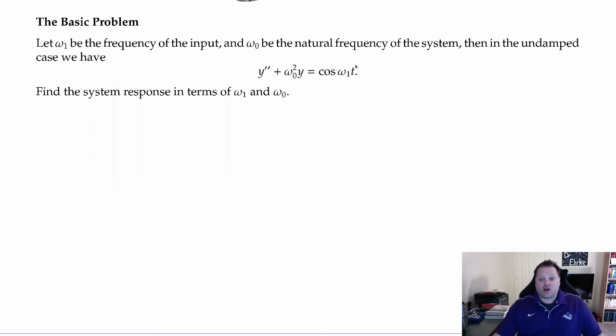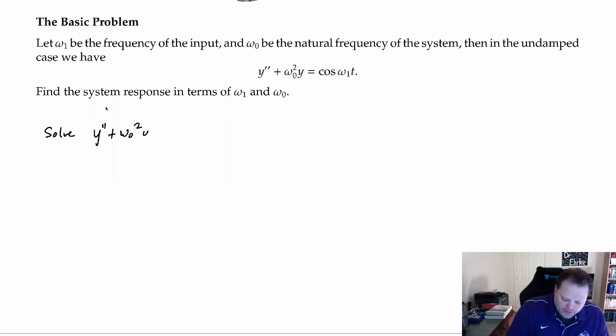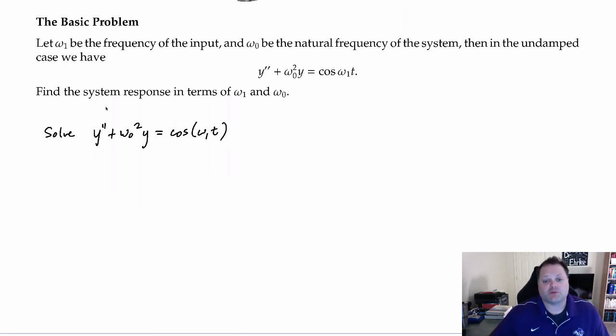What I'd like to do is solve these using some of the techniques that we described in Monday's lecture, and then talk about what the system response looks like in terms of omega 1 and omega naught. So we want to solve this differential equation. And immediately, I want to remind you of exponential response from Monday.